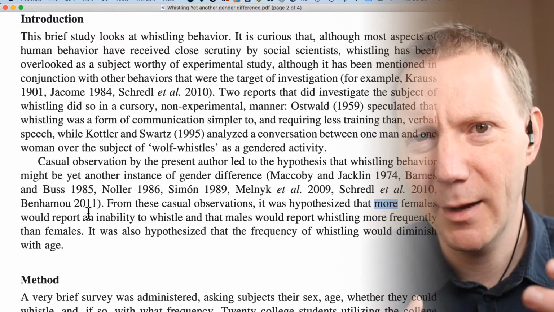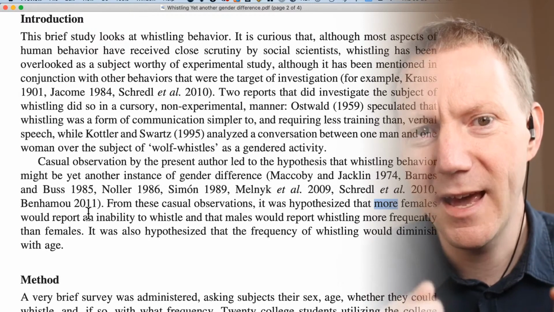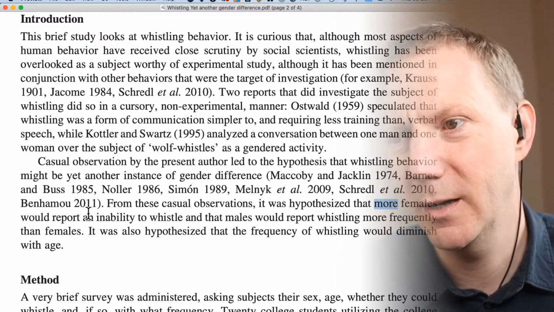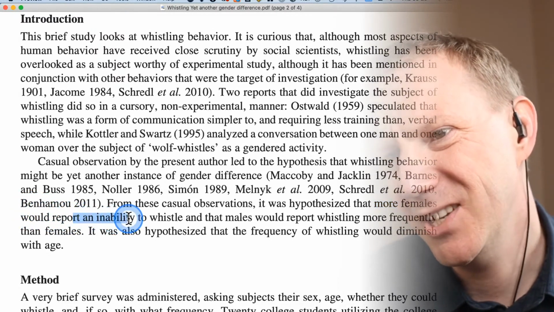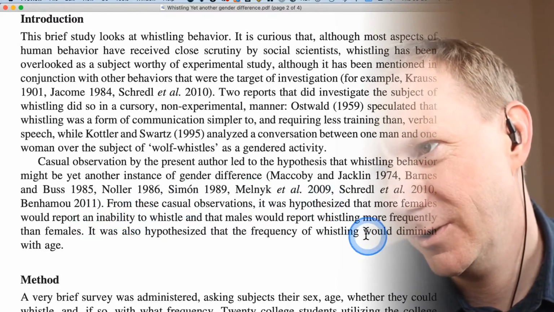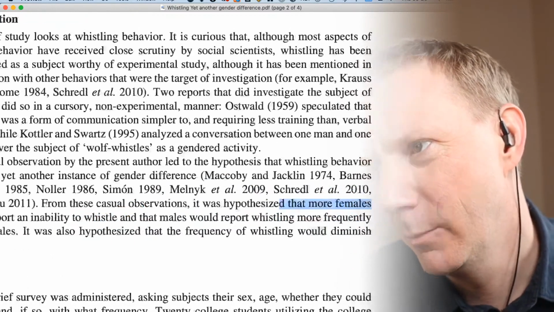If you're saying females are reporting more than males, I would assume here, and he's flowing into essentially the next hypothesis. So you're a bit tricked, because he says, well, more females.